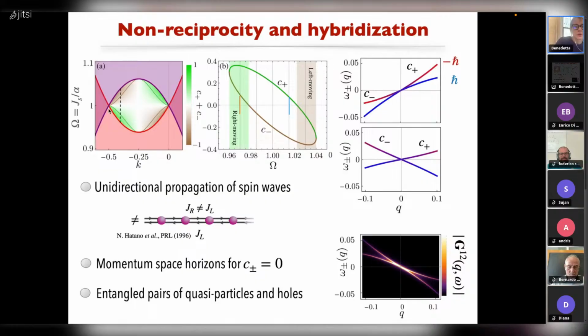So you can go now from regions in which your solutions are only unidirectional. These are the right particles, and these are the holes. And as you can see, this dispersion is telling you that you can just propagate towards the right, and you cannot propagate towards the left.